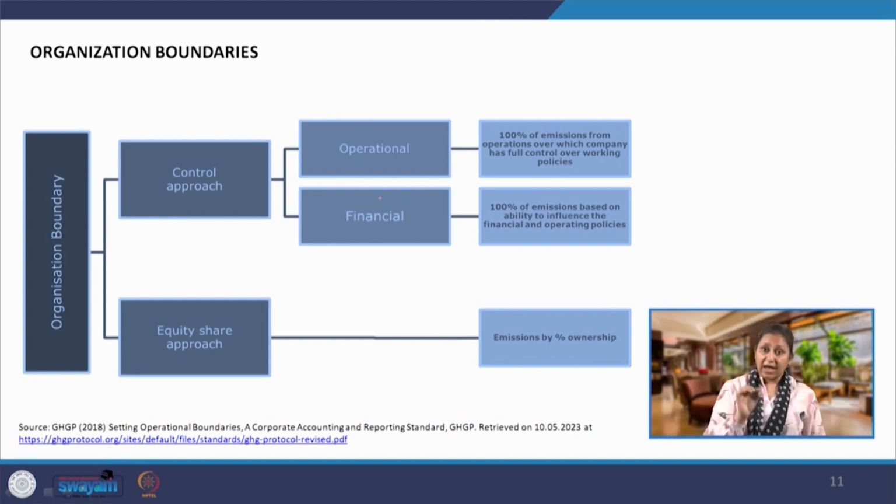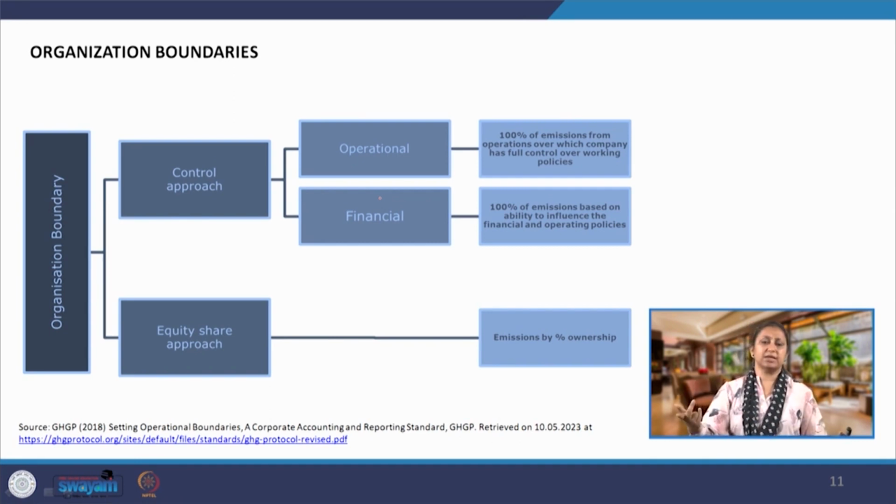There I have some financial control over the operations of that company. In that case, the emissions resulting from this company in my value chain are also going to accrue to the parent company.